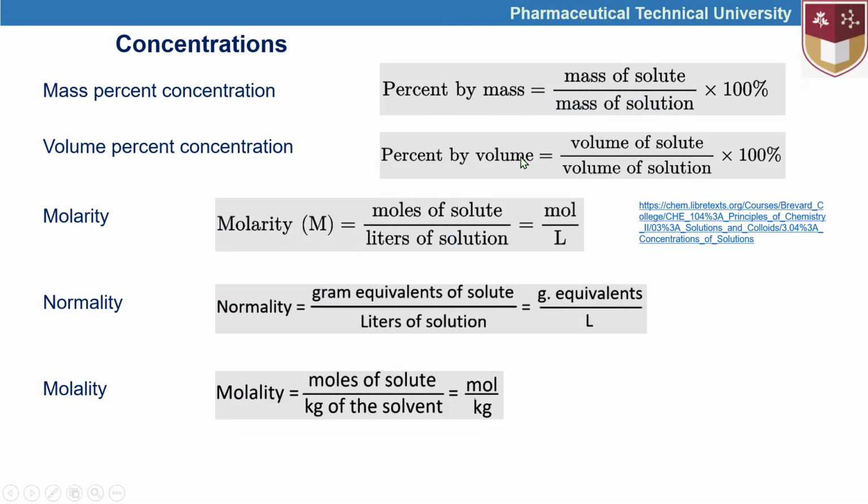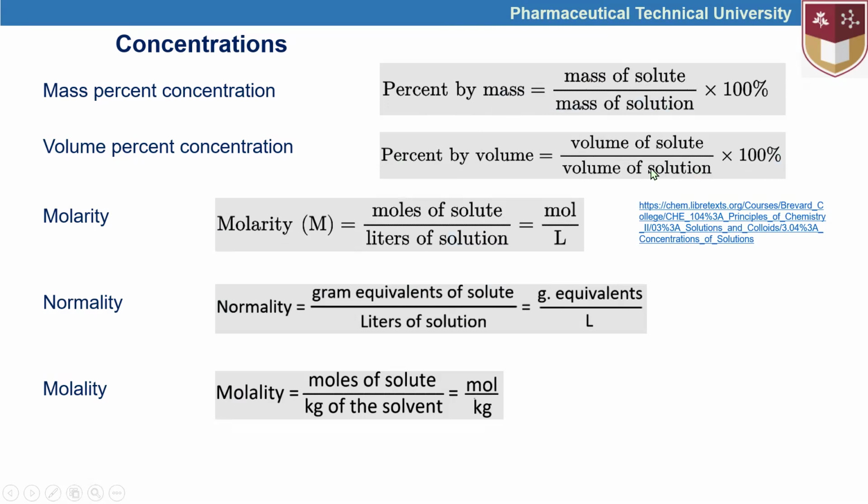And in volume percent concentration, we express it as the volume of the solid divided by the volume of solution multiplied by 100%.